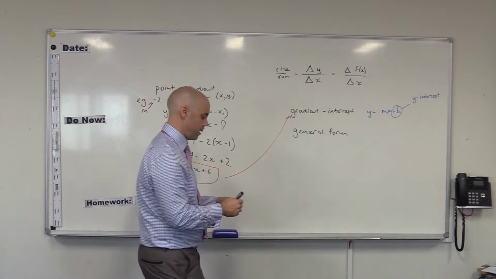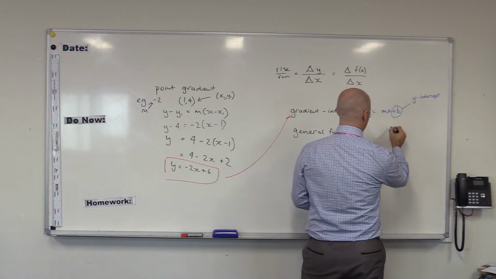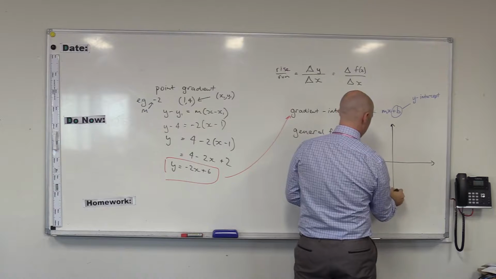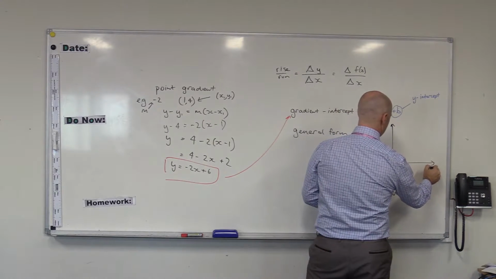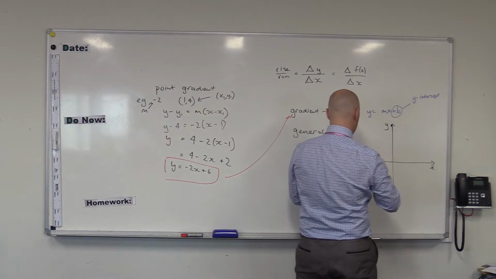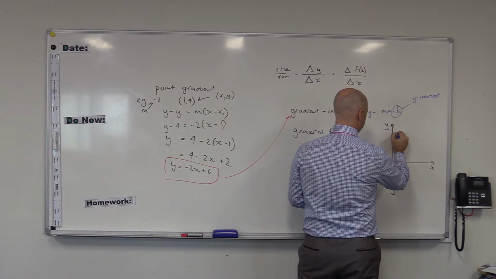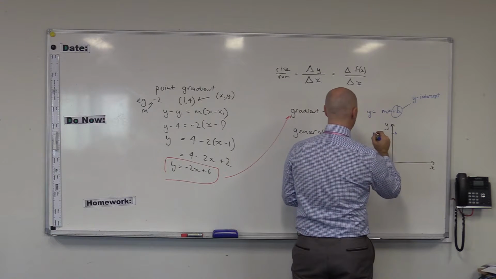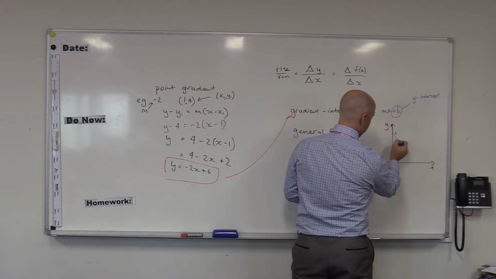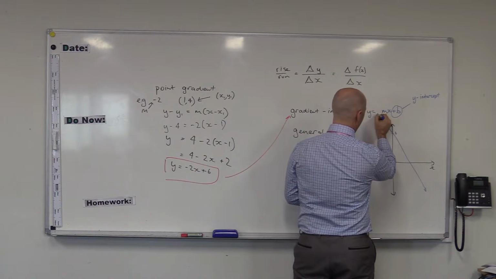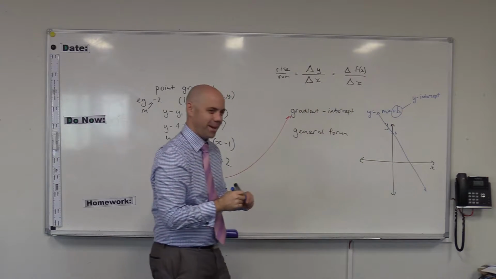So if I were to draw that, it's going to go through positive 6 up here, and a gradient of -2, so it's going to go down like this, and we can work out pretty quickly where it's going to cut the x-axis.